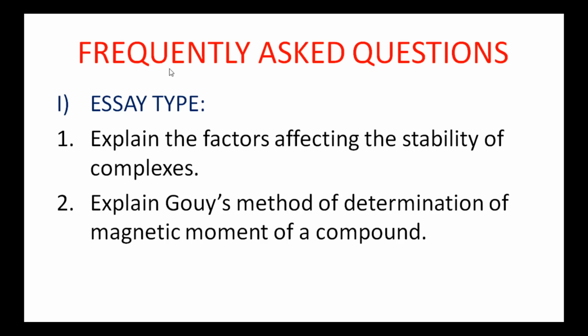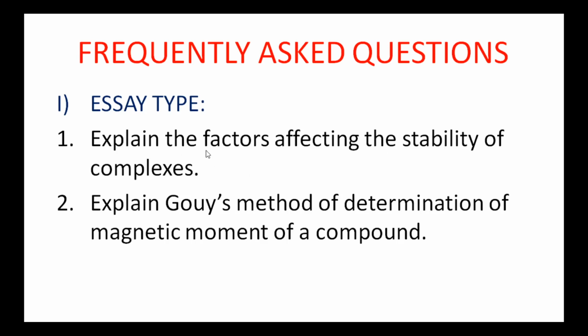In unit 2, there are two lessons. First one is spectral and magnetic properties of complexes. Second one is stability of metal complexes. In these two lessons, the frequently asked questions, first the essay type questions, are very important. The most important question is: explain the factors affecting the stability of complexes.